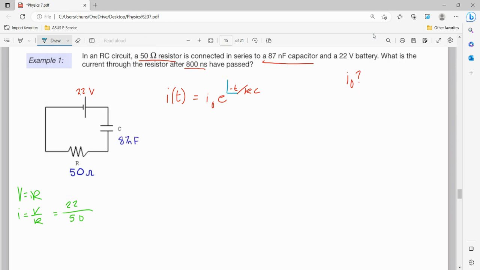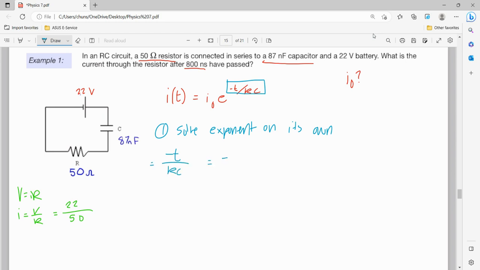Let's solve for this exponent on its own. This just makes it easier to plug back in. So this is given as negative t over RC.